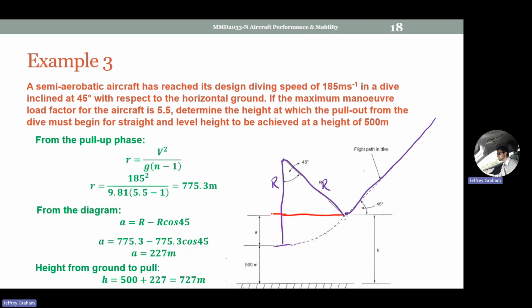This bit here, extend this line now, this bit is a right angle triangle, which, you know, one of the angles is 45 degrees. So we can actually physically work out that length. So if you can work out the radius, we know that length is going to be exactly the same.